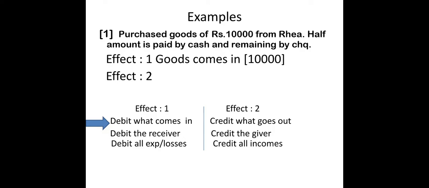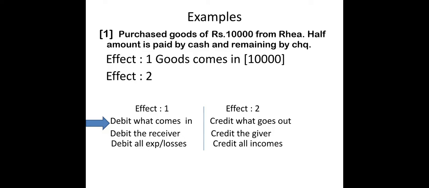Okay, now it's time for effect number two, students, and that is the main part, because there is confusion in effect number two, because half the amount is paid by cash and the remaining half is paid by check. Okay, so students, what do you think? What should we write? In effect number two, we have three choices, but we have to select more than one this time.